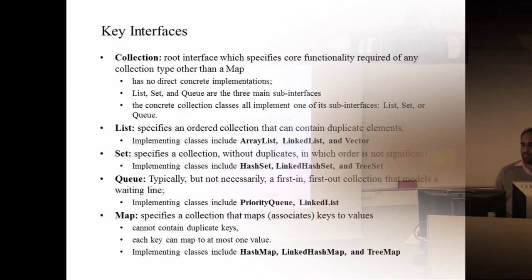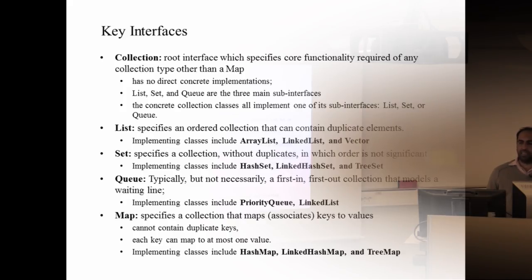The third type is the queue. As you already know, the queue is the opposite of the stack in general: instead of last in, first out, it gives you first in, first out. But that's a general rule.